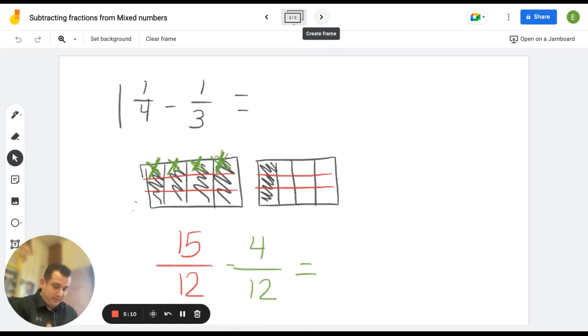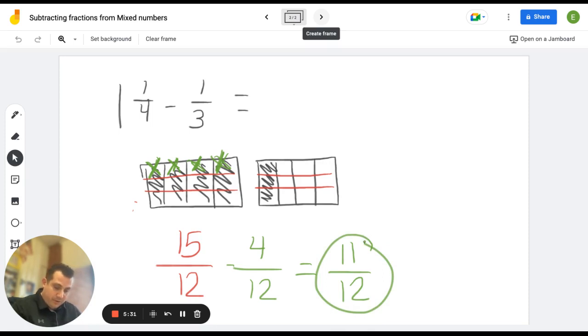So that's why I'm subtracting 4/12. And now to get your answer, you just count up, well, how many twelfths are left after you've taken away the 4/12. 1, 2, 3, 4, 5, 6, 7, 8, 9, 10, 11. We have 11 twelfths left.